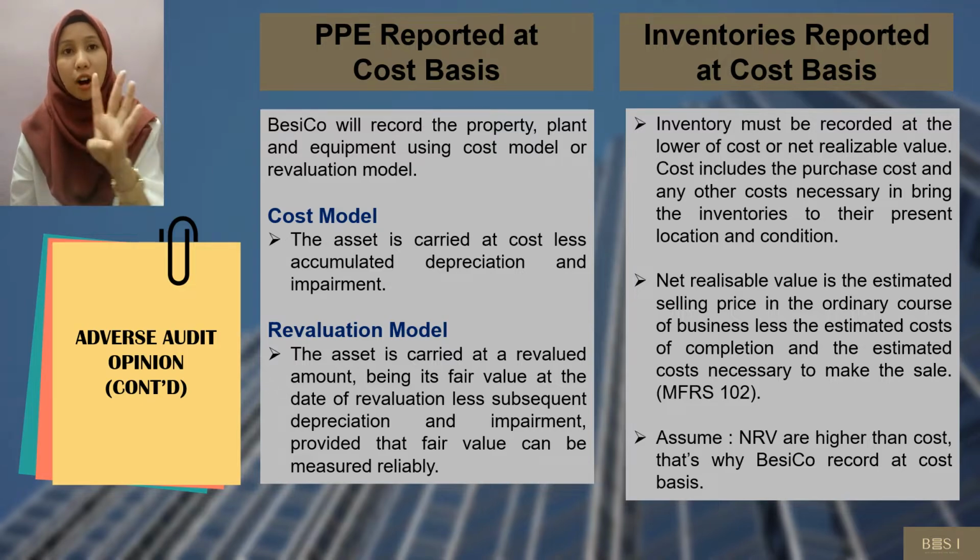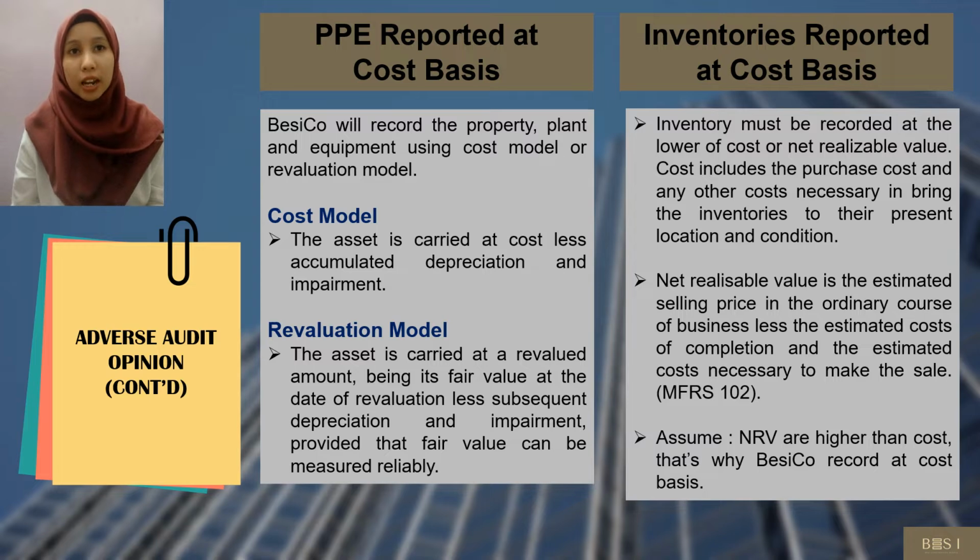The fourth audit query is about inventory reported at cost basis. The inventory must be recorded at the lower of cost or net realizable value. Cost includes the purchase cost and any other cost necessary in bringing the inventory to their present location and condition.